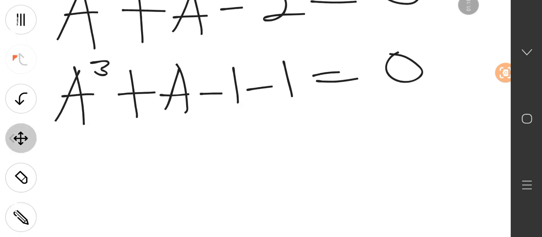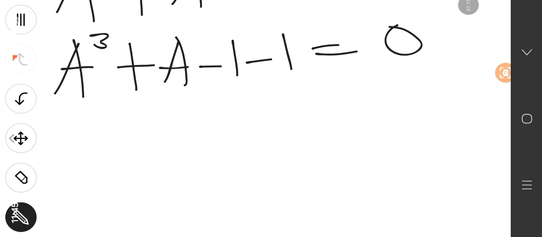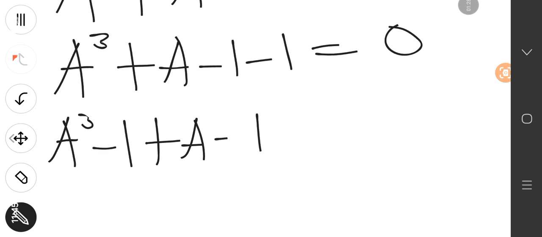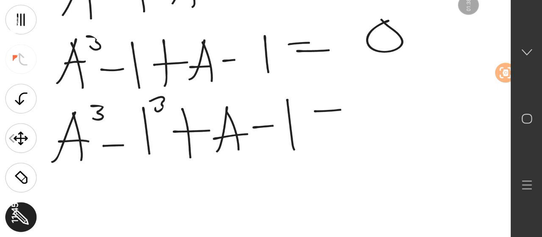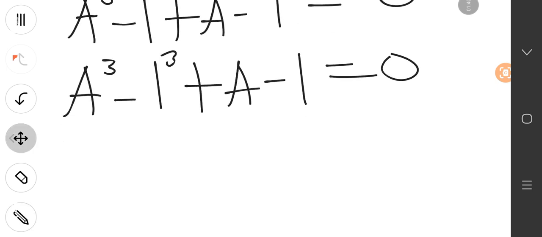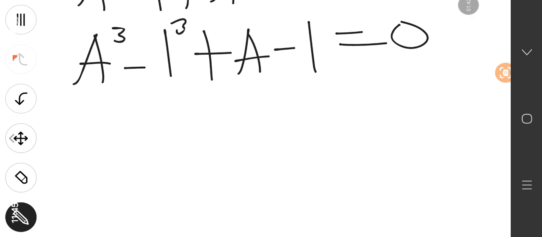All right, now let's arrange the terms of our equation again. So we have a exponent 3 minus 1 plus a minus 1 equals 0. All right, so you're going to have a exponent 3, and 1 is the same as 1 exponent 3. Now let's apply the difference of cubes identity. Before we apply it, let's state it.